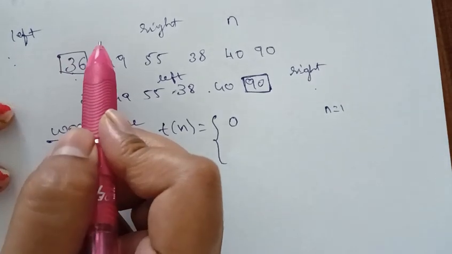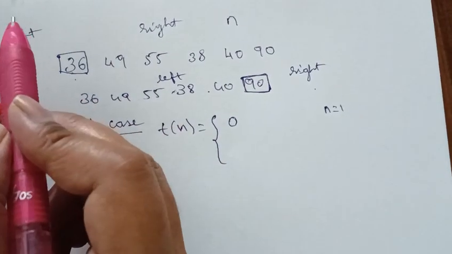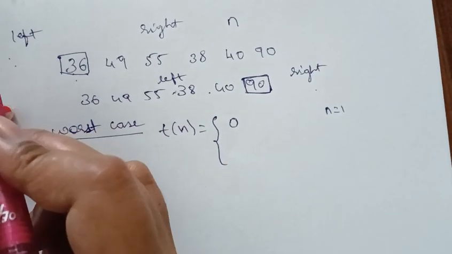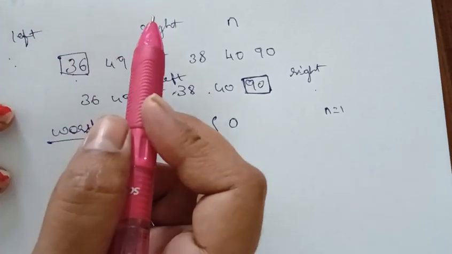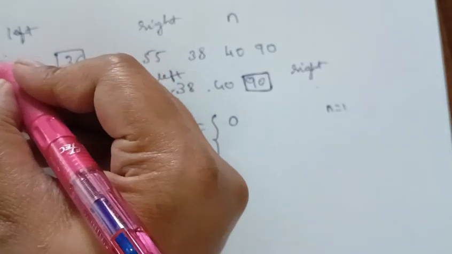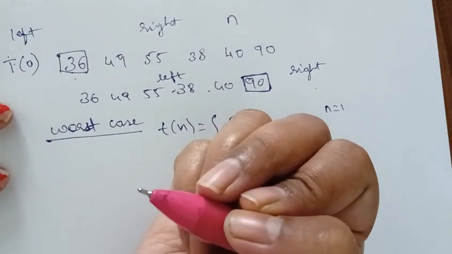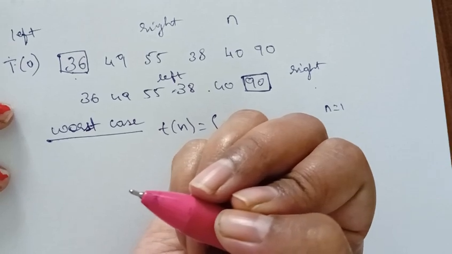No, because the array is not divided into 2 equal halves. In the previous case it was 2 equal halves, with some elements on both sides, but here that is not the case. So this one will be T of 0 because I will not have any elements.